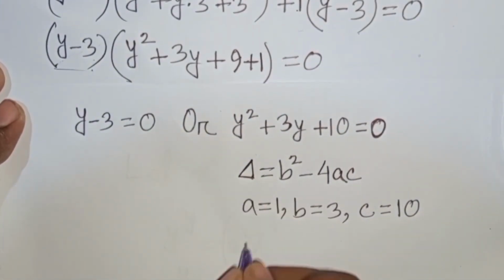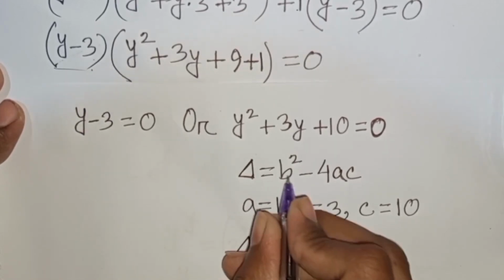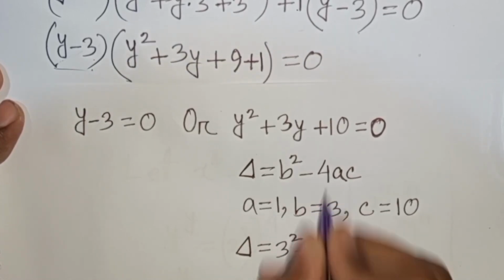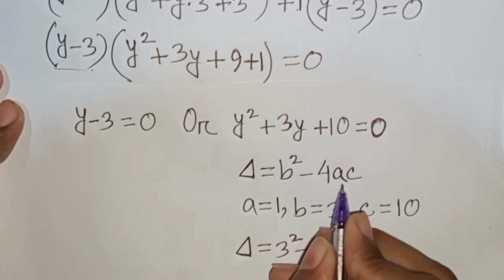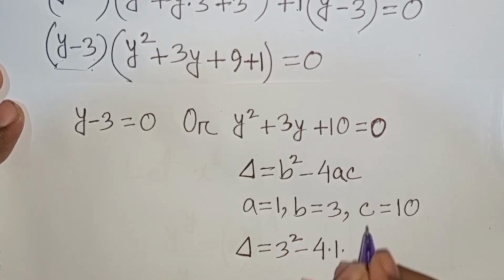Now we can write delta will be equal to b square, that means 3 square, minus 4 times a, that means 1, times c, that means 10.